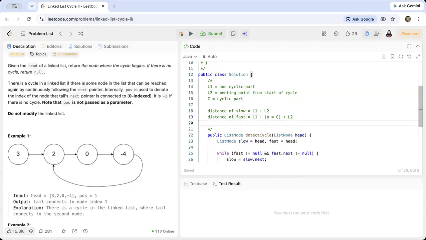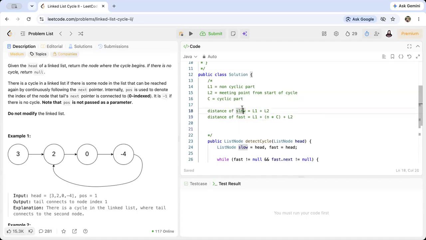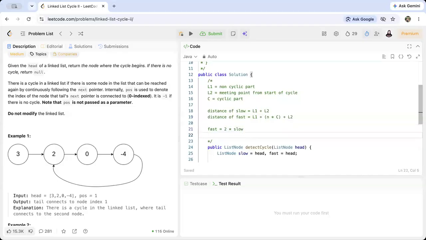Now we know that fast moves at twice the speed of slow. Their speed is the same otherwise. So the distance that fast covers is this, correct?